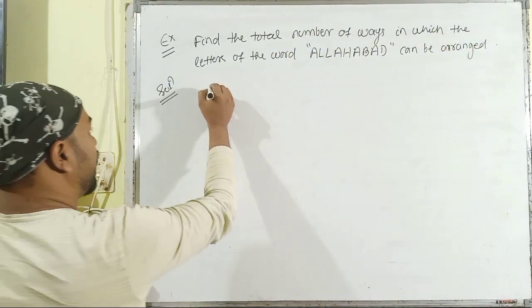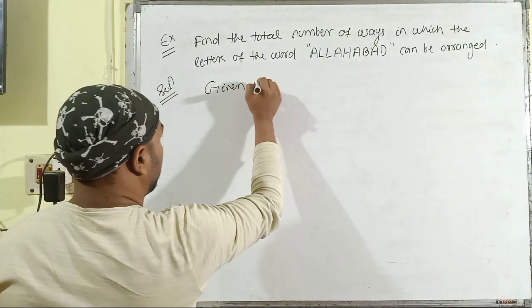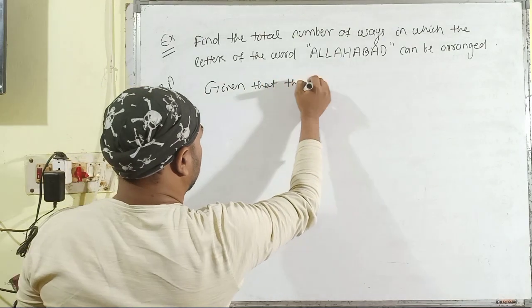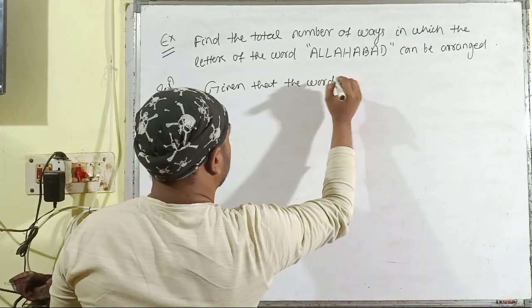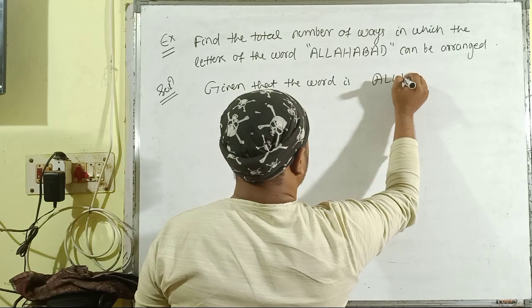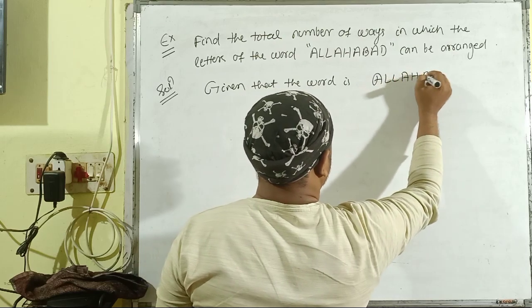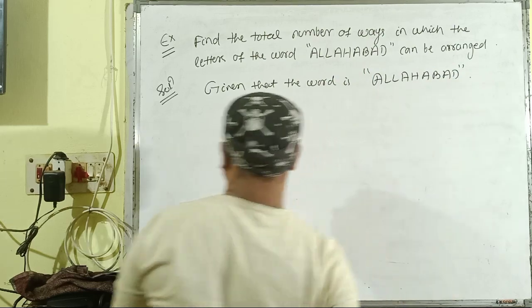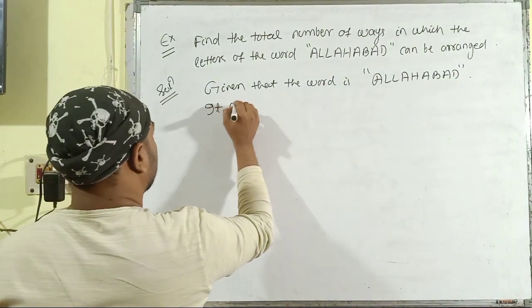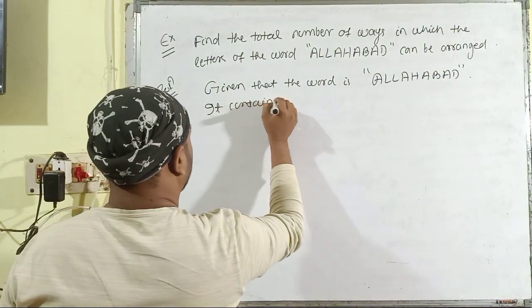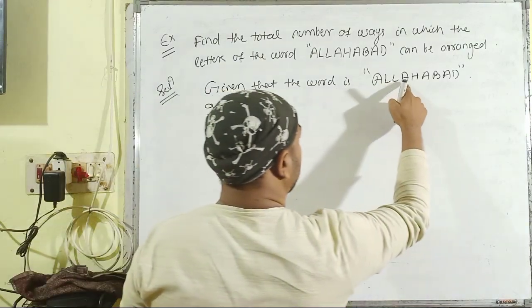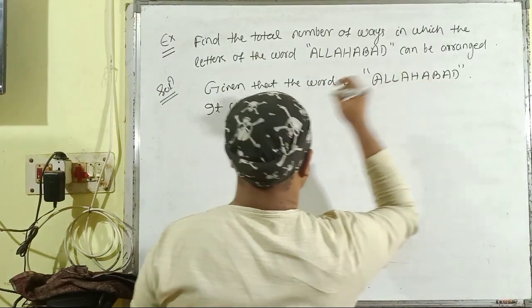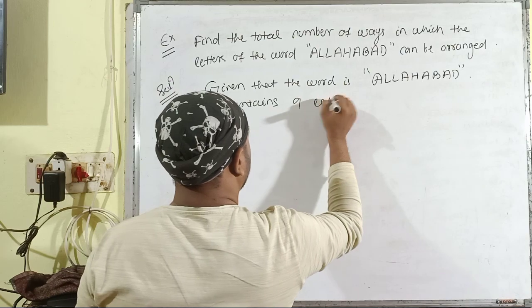Given that the word is ALLAHABAD, it contains 1, 2, 3, 4, 5, 6, 7, 8, 9. It contains 9 letters.